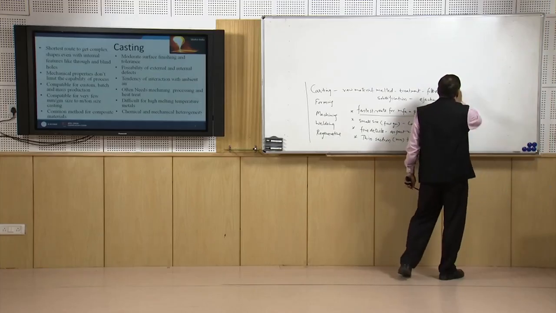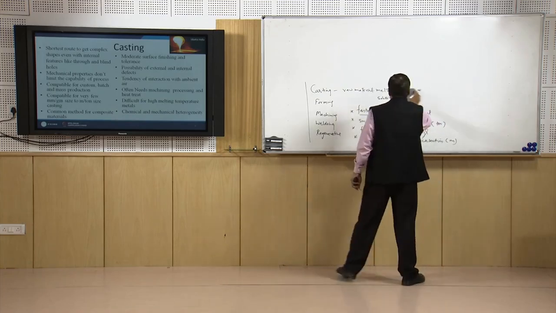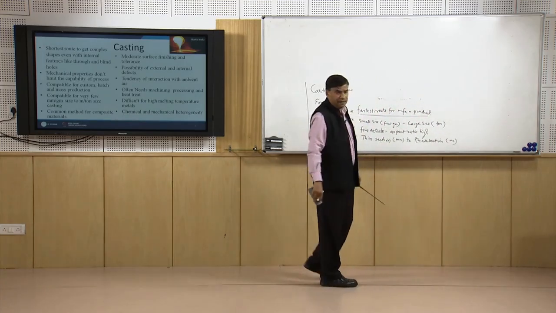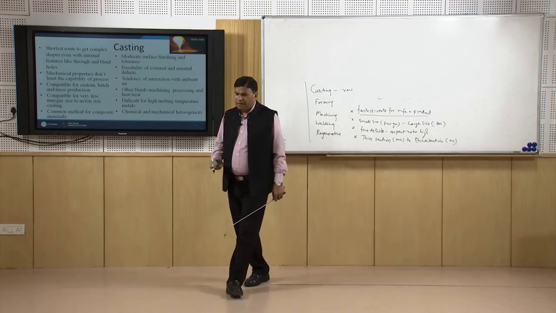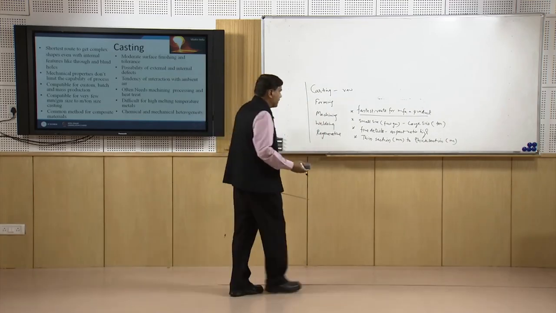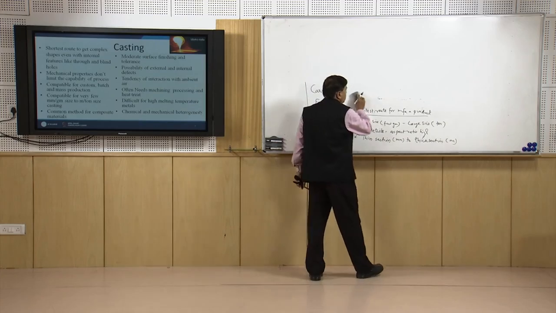Although composites can be made using other routes like powder metallurgy, and there are various methods for making the composite materials.